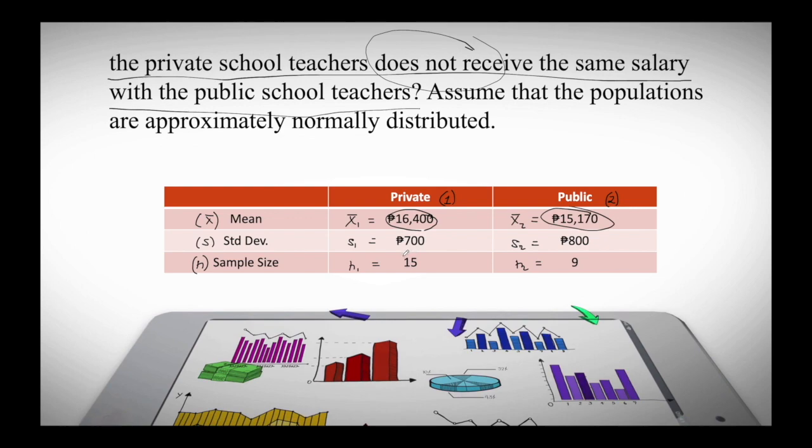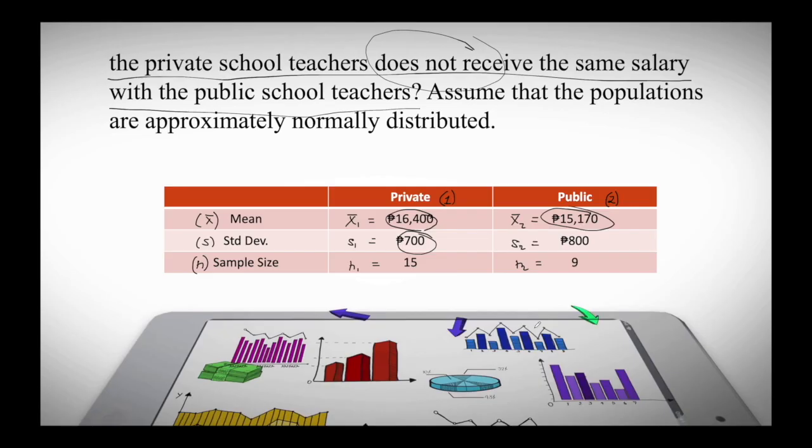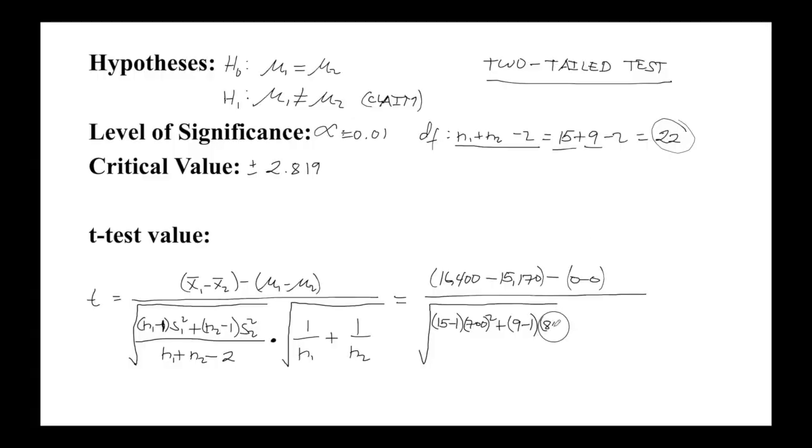So s sub 1 is 700, so 700 squared, plus we have here n sub 2, which is 9. So 9 minus 1 multiplied by the standard deviation of the second population, which is 800, and we will square this one.